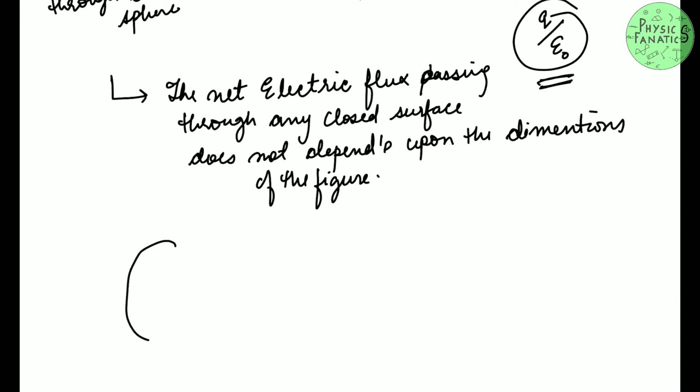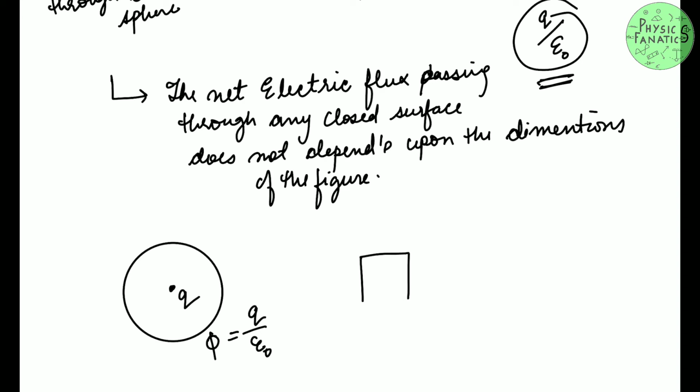For example, if I have a sphere and my charge is kept at the center, the net flux that is passing through that closed sphere will be given as q upon epsilon naught. Also, if I have a cube, and in that cube at the center I have a charge q, again the net flux passing through that cube will be equal to q upon epsilon naught.